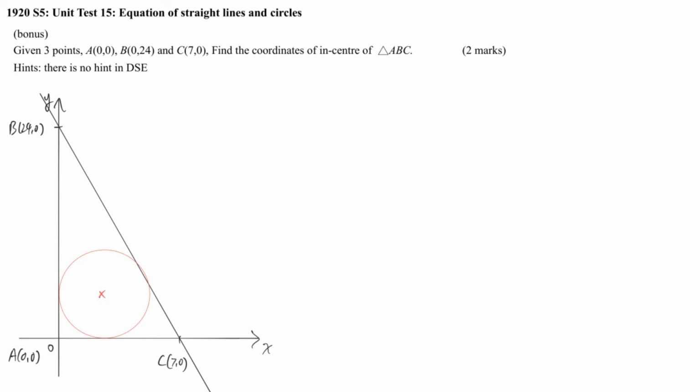Maybe in your notes or textbook, they tell you that you find the in-center by drawing the angle bisectors from the 3 vertices, and the position where they intersect is the in-center. But what I am concerned about is why we have this property, why the angle bisectors crossing each other give you the in-center. That's what you need to know.